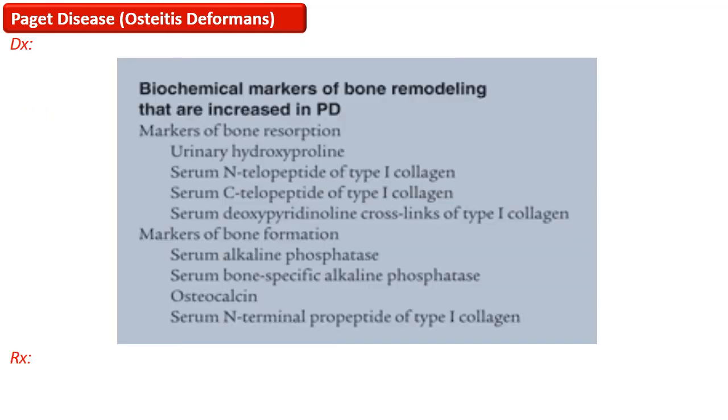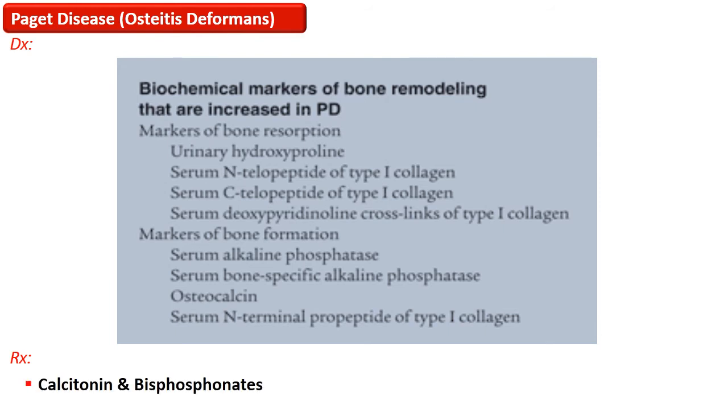Biochemical markers are available for the diagnosis of Paget's disease. Some are markers of bone resorption and some are markers of bone formation. There is marked elevation of serum alkaline phosphatase, but serum calcium and serum phosphate are within normal limits.